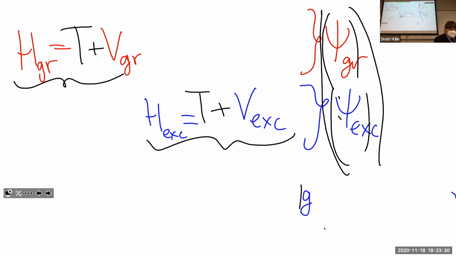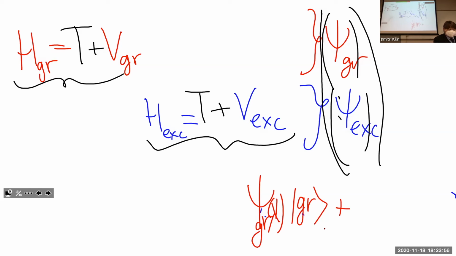Like we have a ket for the ground electronic state multiplied by the nuclear wave function. Ground electronic state, ground wave function, plus excited electronic state times excited nuclear.